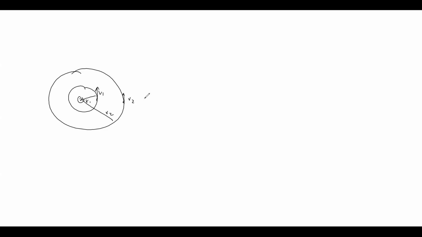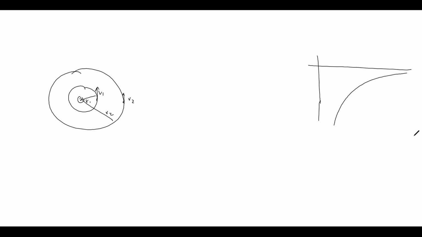So the total energy, if you look at an energy diagram of these objects in circular orbit, something that the book focuses on is drawing these energy diagrams. The total energy of a particle at the center of this system decreases down to infinity.